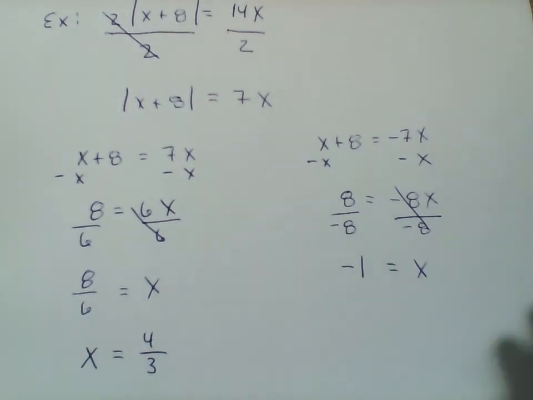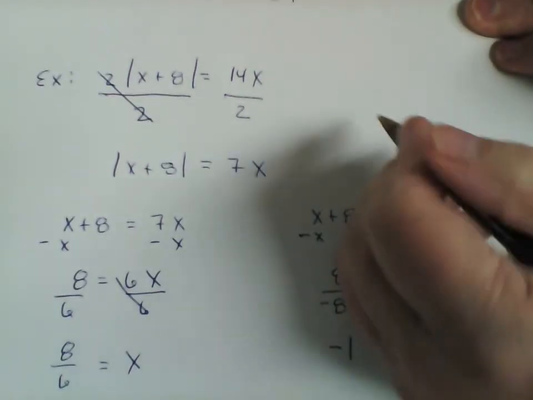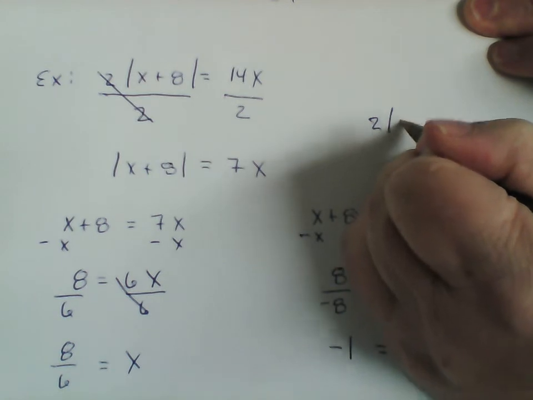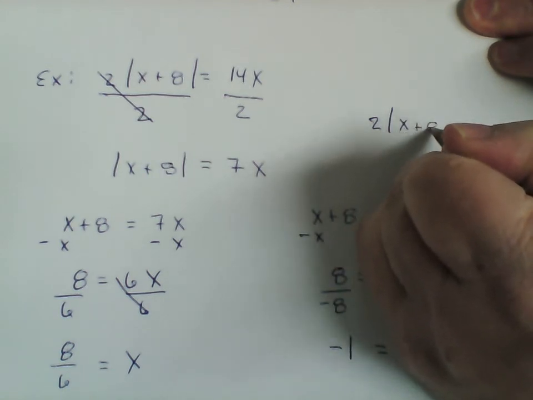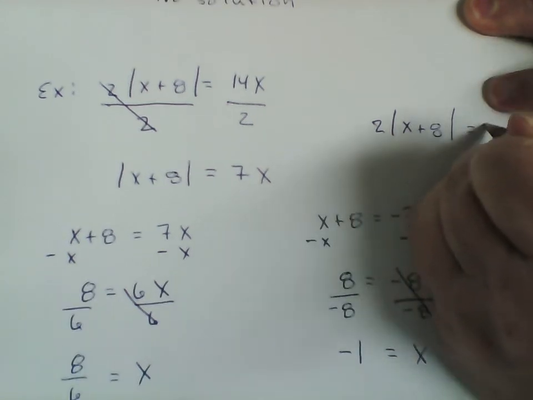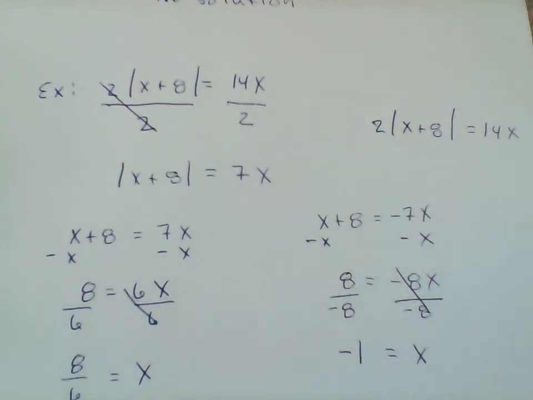So we're going to look at the original equation, and our original equation was 2 times the absolute value of x plus 8 equals 14x, right? And we're going to check these. And we do that by plugging them in, right?